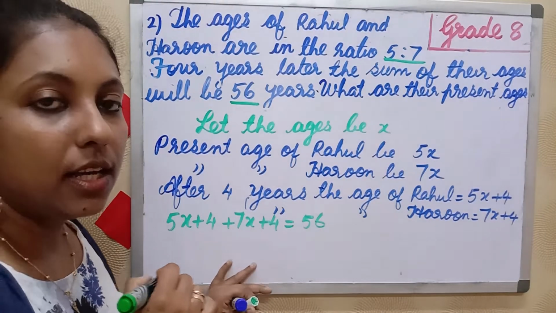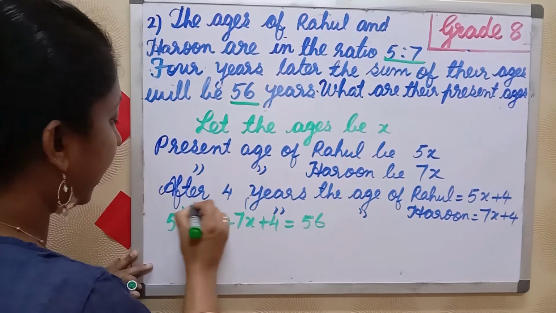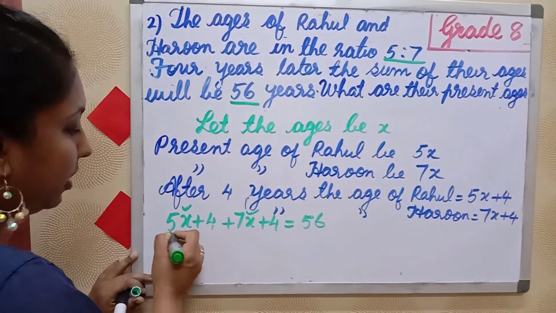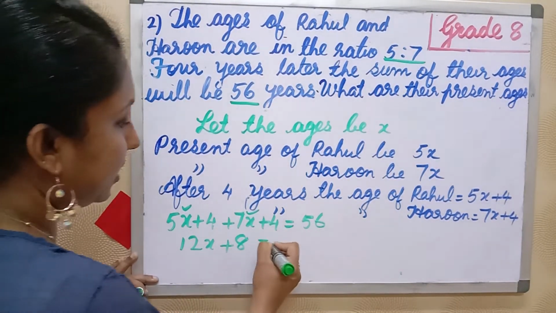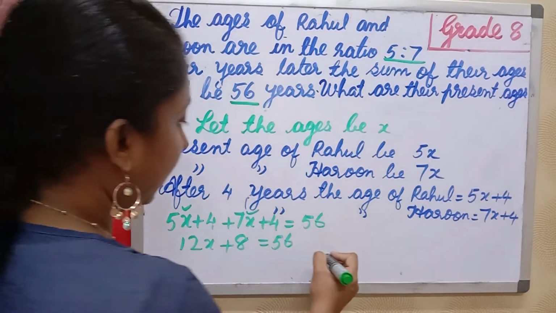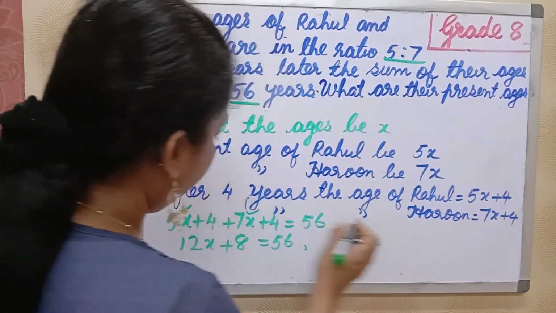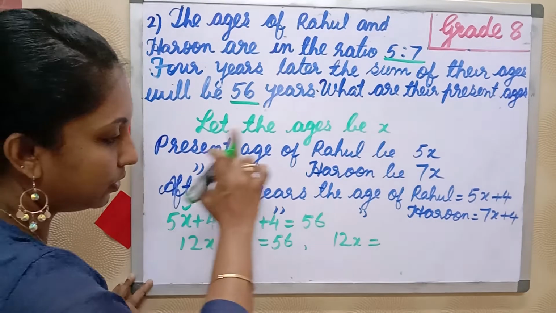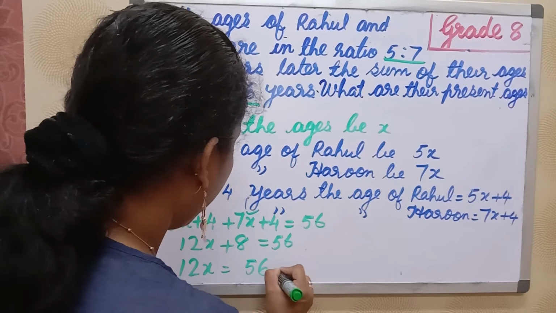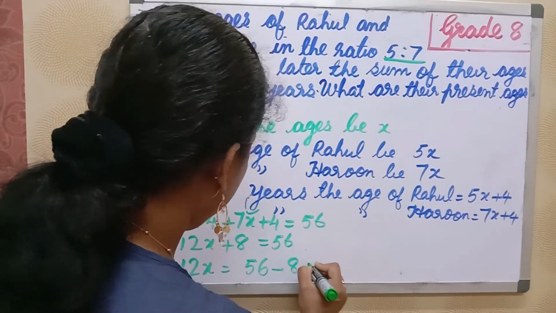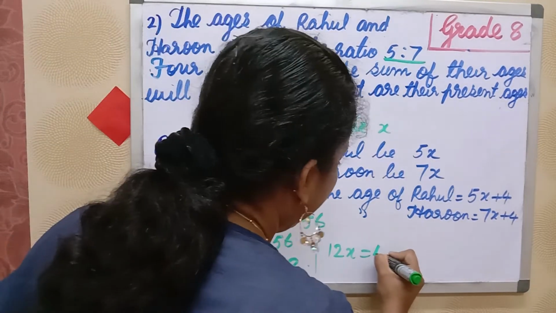Now we can easily find the value of x and the ages. 5x plus 7x, the variable part, you can add. 5x plus 7x is 12x, plus 4 plus 4, 8, is equal to 56. That is 12x is equal to, we have to transpose plus 8 to the RHS, 56 minus 8, that is 12x is equal to 48.